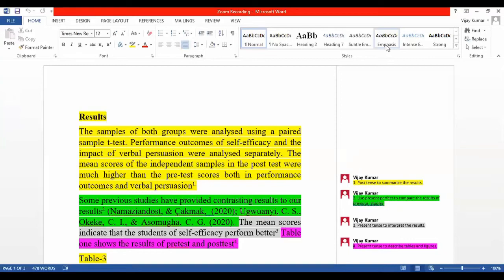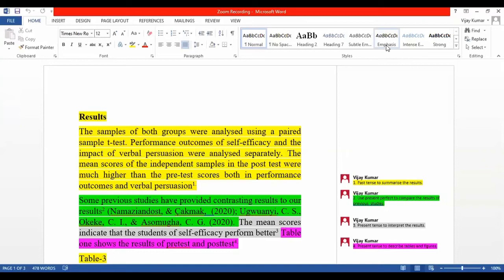And you will use the present tense to interpret the results. See the next sentence. The mean scores indicate that the students of self-efficacy perform better. So whenever you interpret the results, you use the present tense. To just report the results, you use past tense.